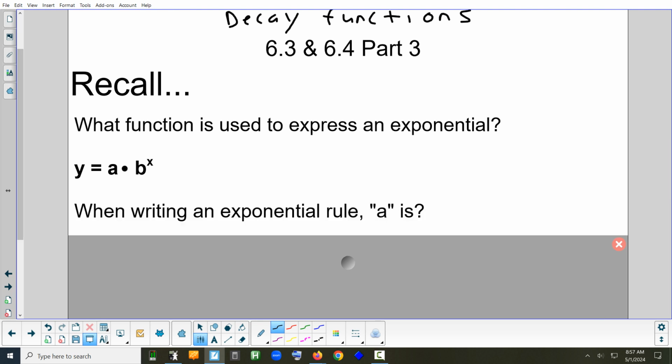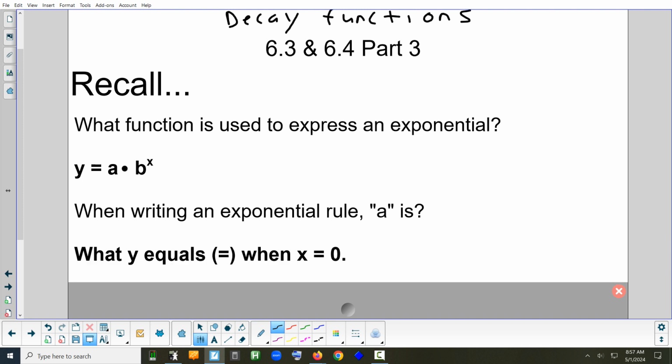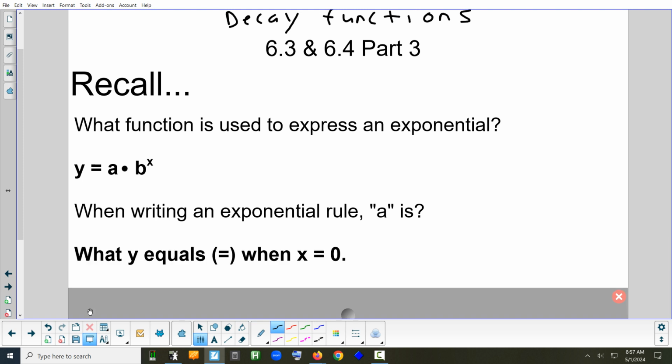All right. What about the a? How do you figure out the a? That's like the base. When x equals 0, you go to the y. Right. So it's what the y value is in the table when the x value is 0.